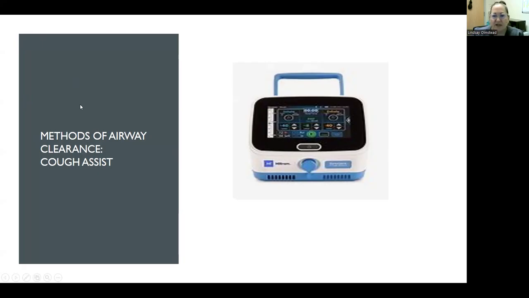Again, it's expensive and requires trained staff to use it. We do have people that do it at home so the family can be trained. And I think it's great that the family does do it at home because it can really keep them out of the hospital.